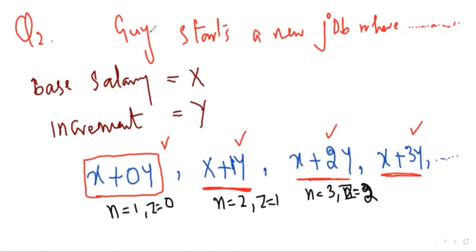So you can see z is 1 less than n. So we can say n is actually z plus 1.